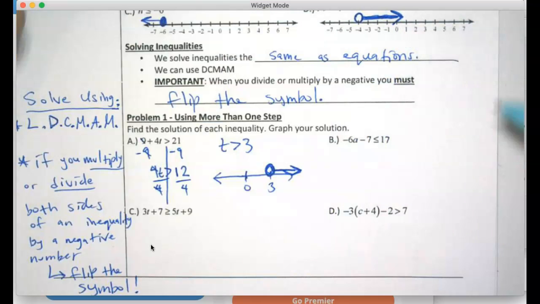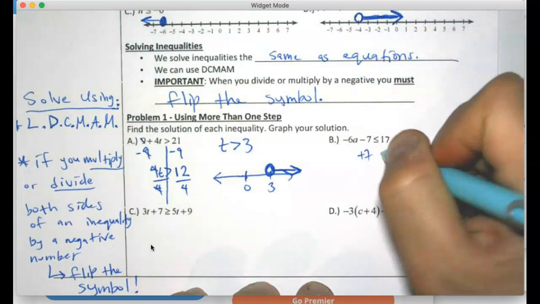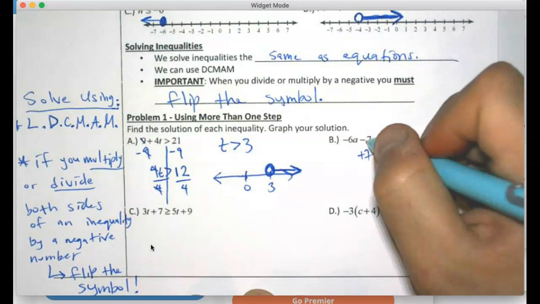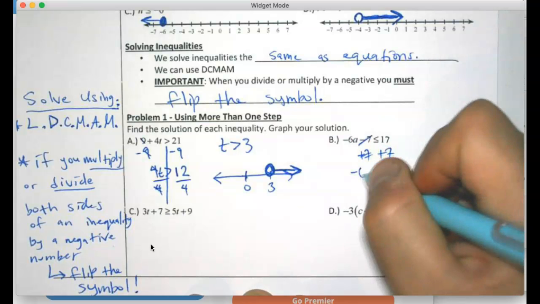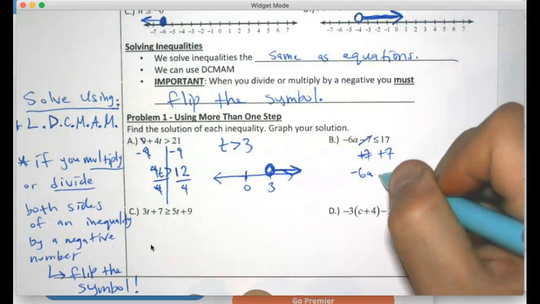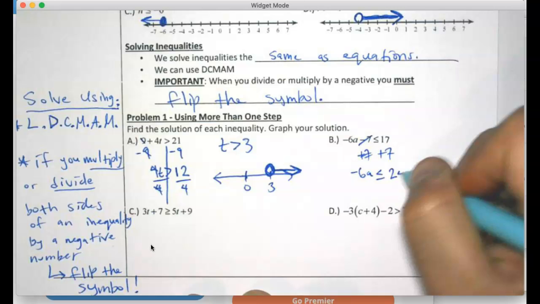Next problem. I'm just going to start by adding 7. Once again, this is really just two steps. So negative 6a, bring that down. Negative 7 plus 7 zeroes out. 17 plus 7 is 24.